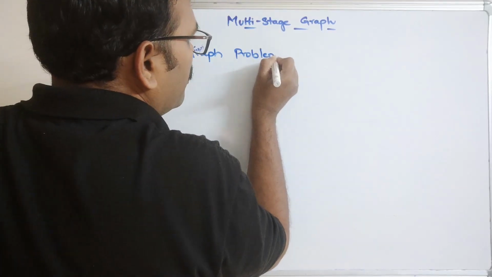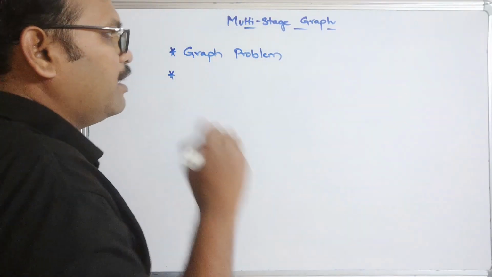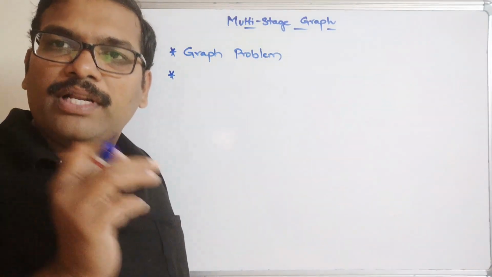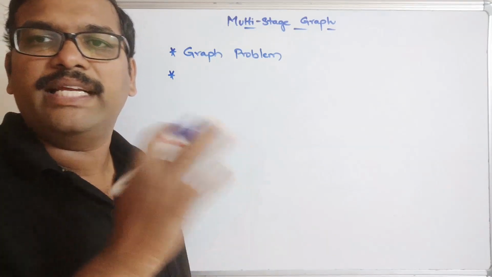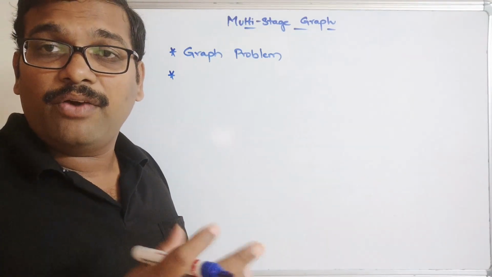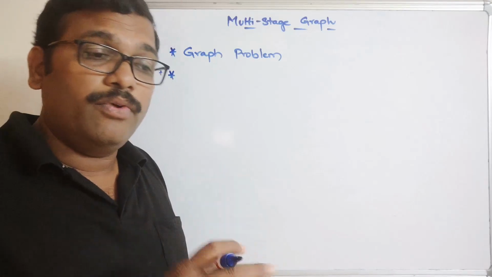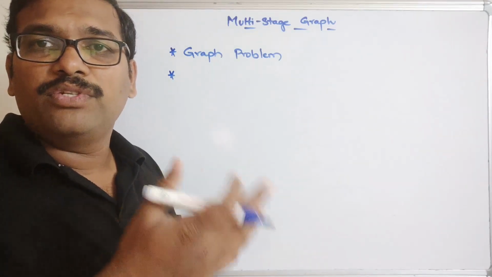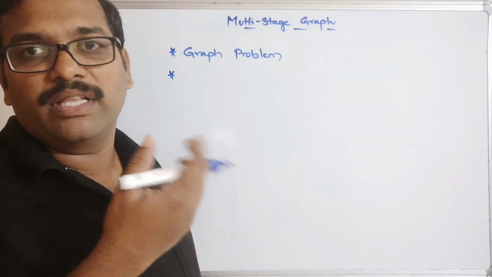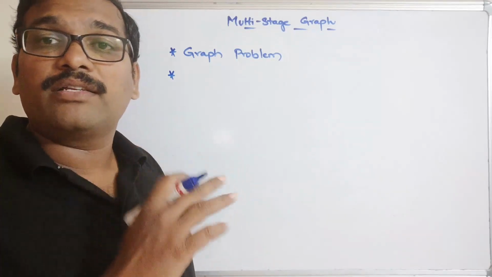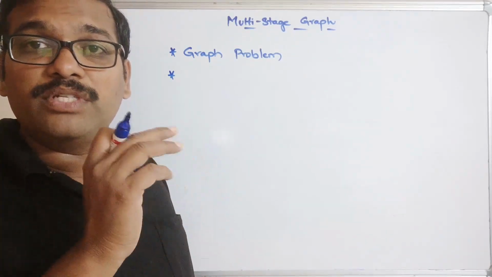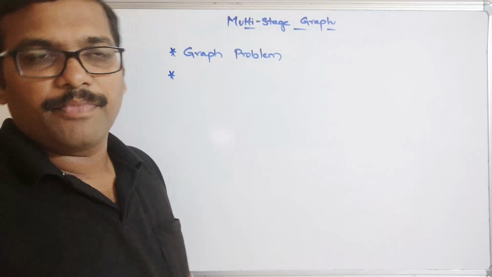And what is this problem? Here we need to find the shortest path from source to destination. We have already solved a similar problem using a different methodology, the greedy method. But here we are supposed to solve this one by using dynamic programming, right?